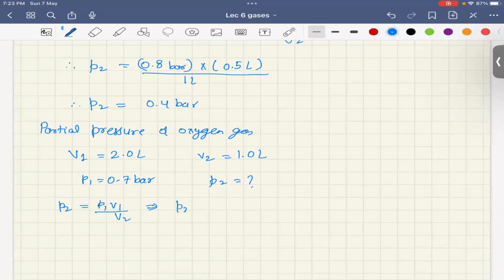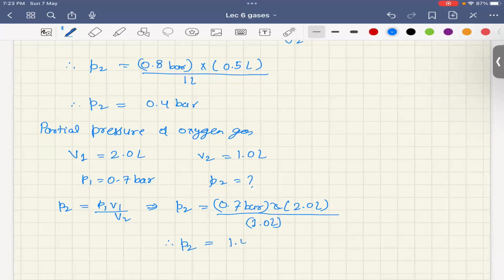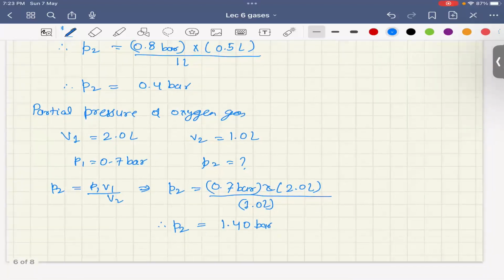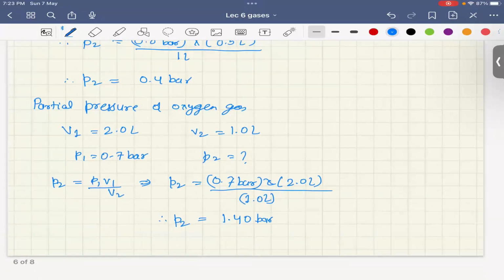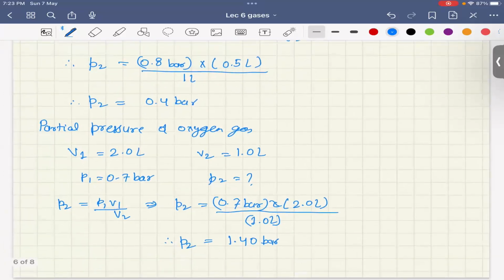This implies P2 is going to be 0.7 bar multiplied by 2.0 liter divided by 1.0 liter. Therefore, P2 is going to be 1.40 bar. So the total pressure is nothing but the sum of the individual partial pressures.